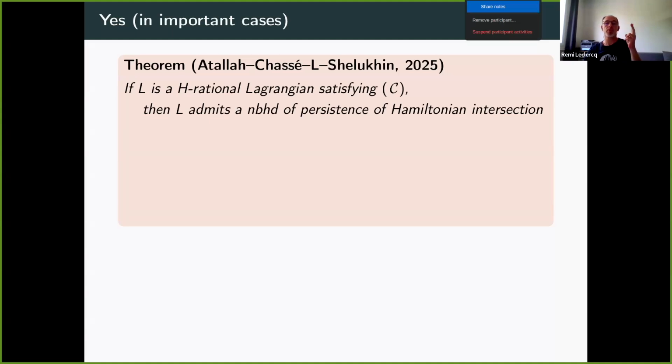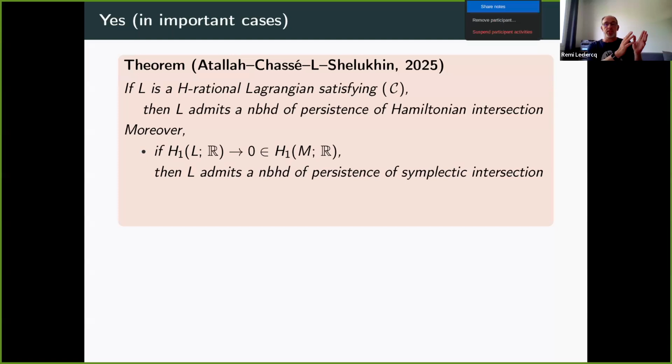And then we have two moreovers, which are independent. In one direction, I told you this map would be important: if you happen to know that the inclusion of L inside M induces the zero map at the level of H1 with real coefficients, then you can also say that L admits a neighborhood of persistence of symplectic intersection.